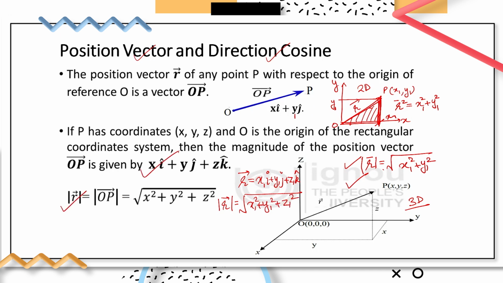So, I hope you understood what we mean by magnitude, how to express a point in 2-dimension or 3-dimension into its vector equivalent, and how to determine the magnitude of the vector from the vector representation of the point in 2-dimensional space or 3-dimensional space.